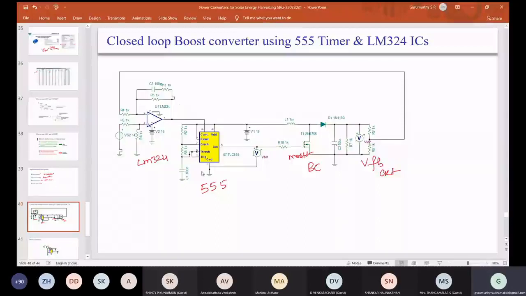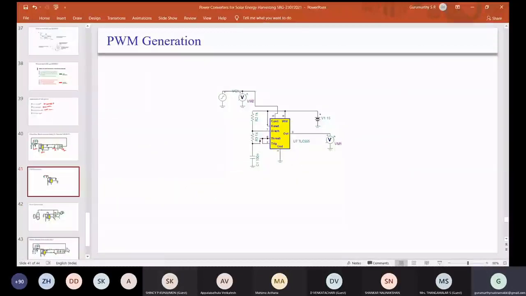Okay. So next is PWM generation, pulse width modulation. As the control voltage you change, the width of the pulses also is changed. That is demonstrated by using the same 555 IC. And this waveform also you can see by running the Tina TI.